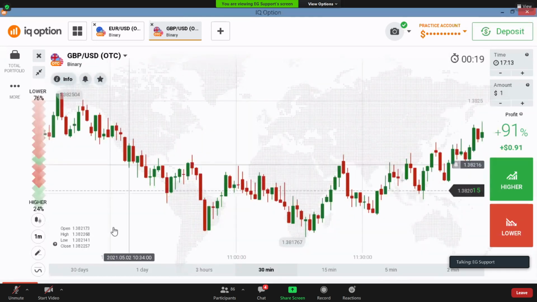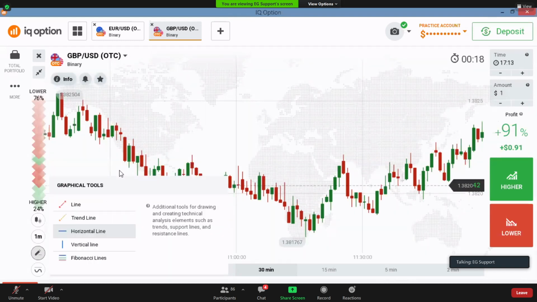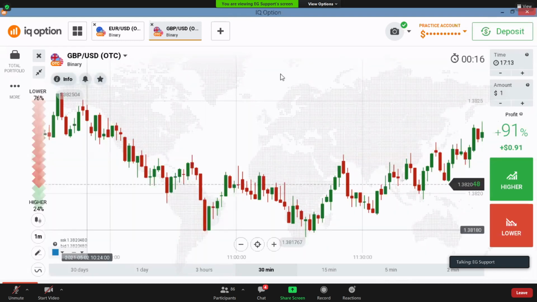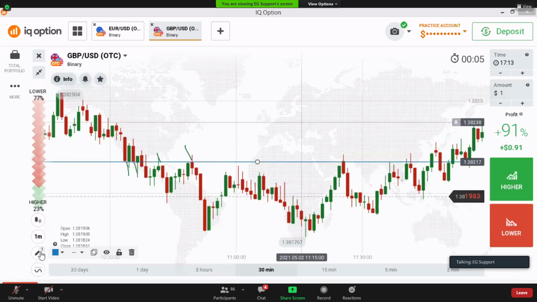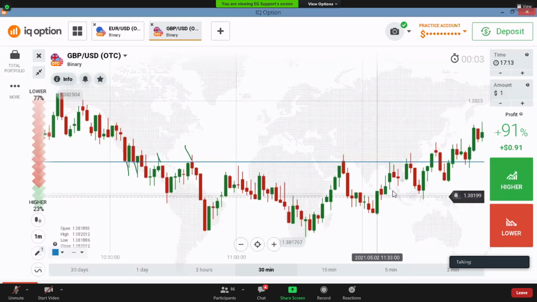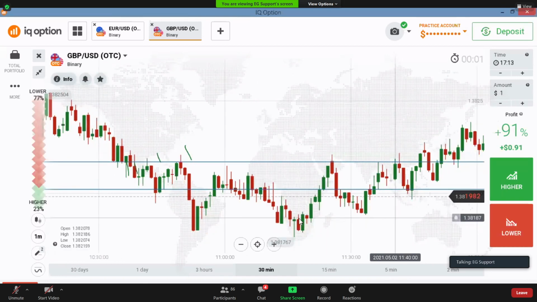You can take any two levels. This is a level. You can take this one as a support zone, or as a resistance level too, or you can take this one as a complete SNR level.